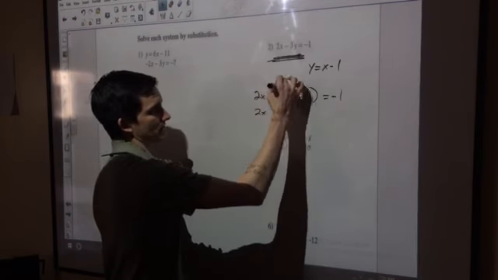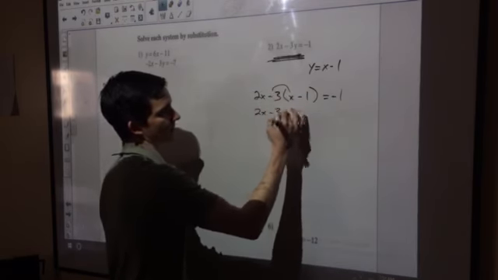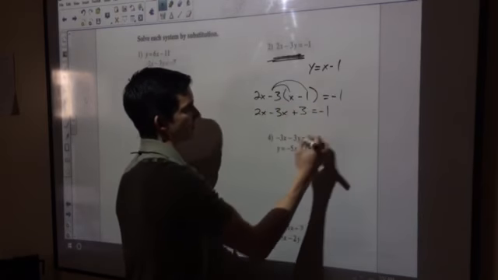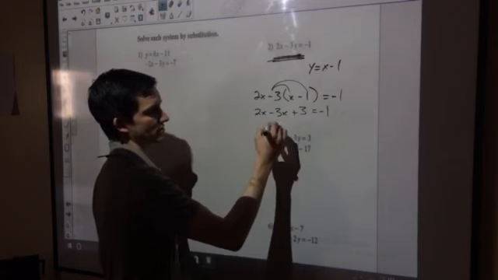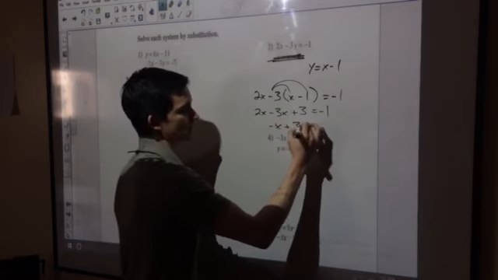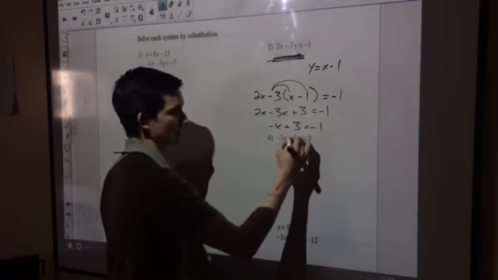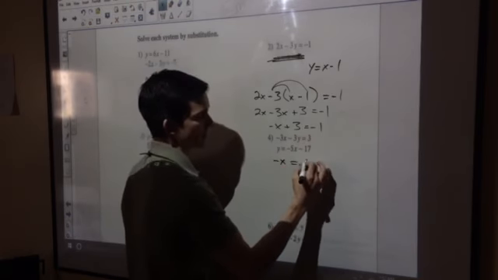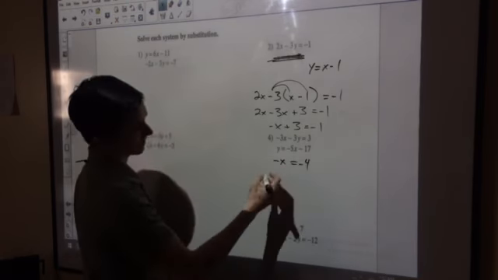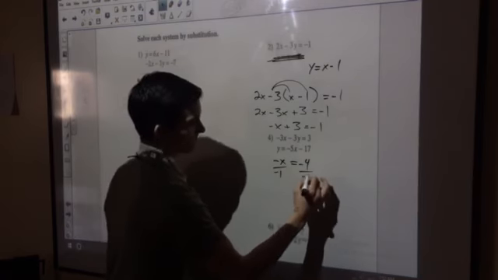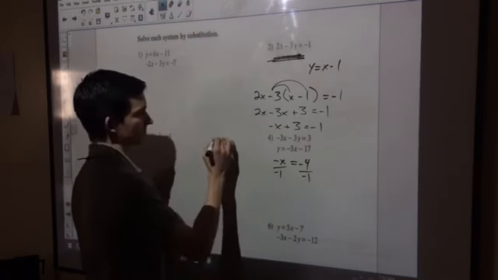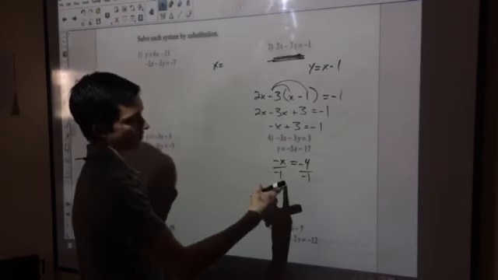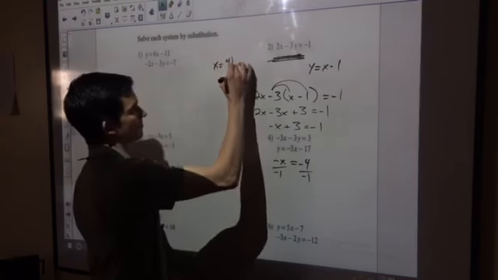2x minus 3x plus 3 equals negative 1. Combine like terms. 2x minus 3x is negative x plus 3 equals negative 1. Subtract 3. So I'm going to write below negative x equals negative 4. Divide by negative 1 to solve for a positive x. So x is going to equal positive 4.